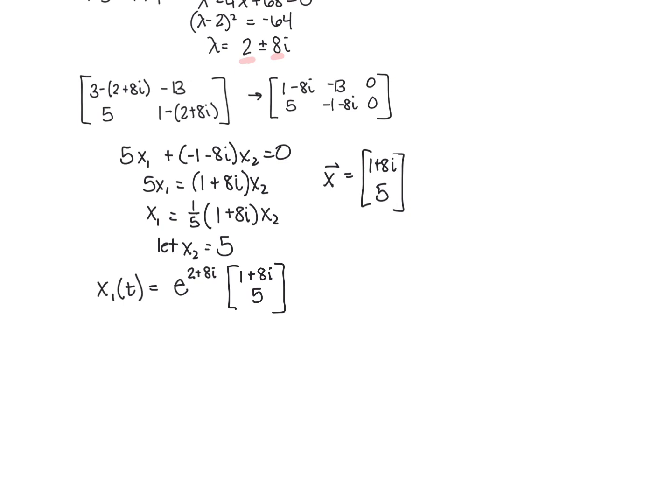Go to Denver. So, e to the lambda t times that vector 1 plus 8i and 5. And what we need to do here, we need to eliminate the complex part, because my solution can't have a complex part in there.